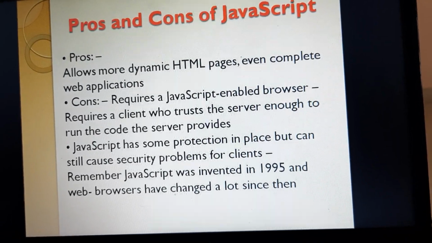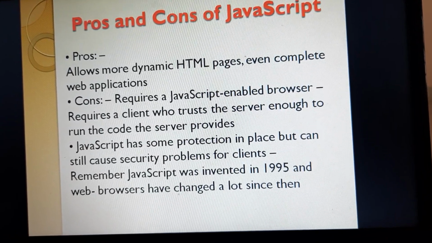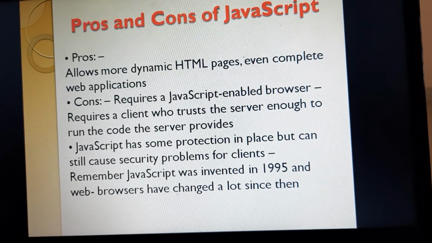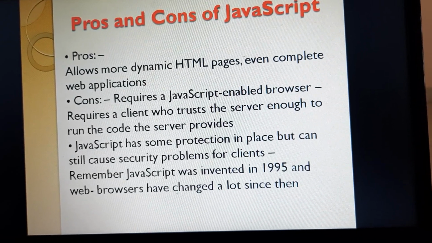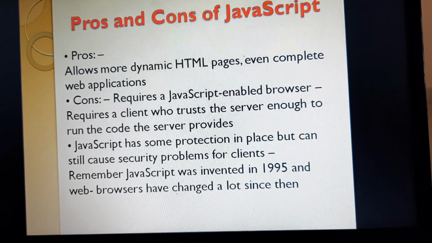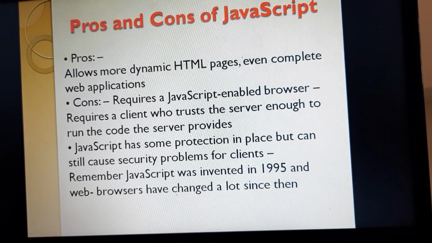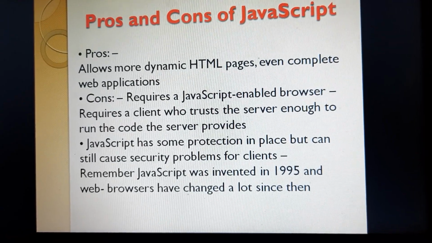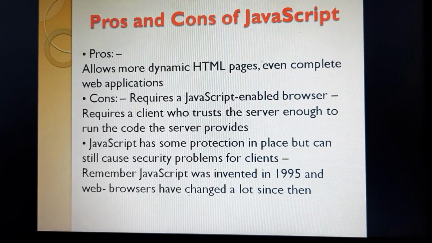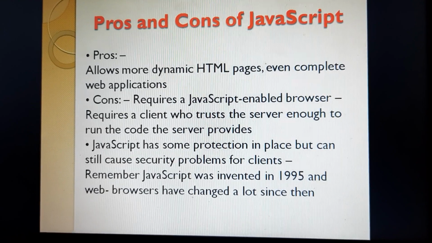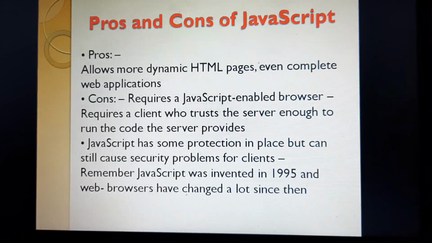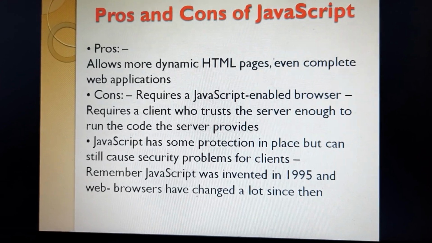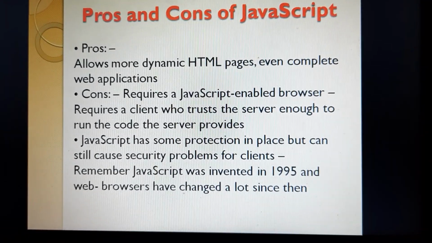It has some protection, but as it was created in 1995, many web browsers have changed a lot and many more modifications have been made, so there is a security problem. But we will resolve those security problems with our JavaScript language, and we can try to implement code which is accessible in all kinds of browsers.